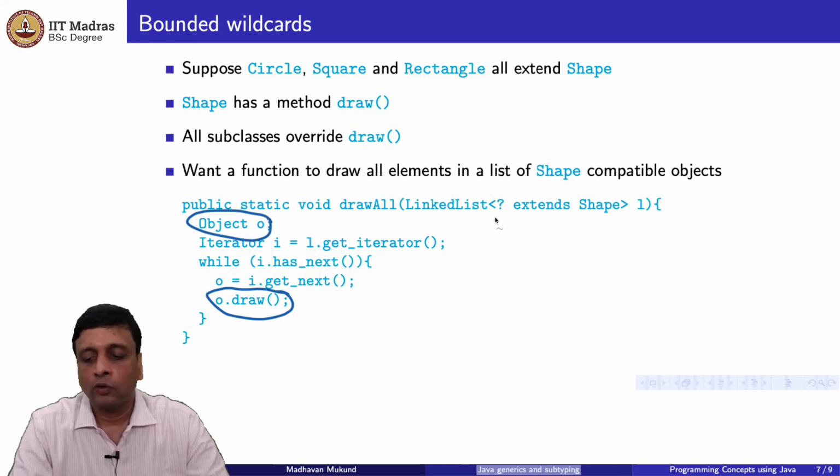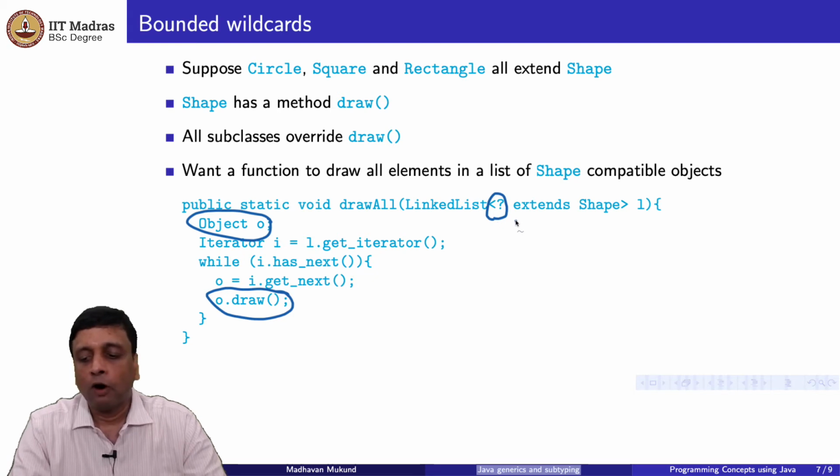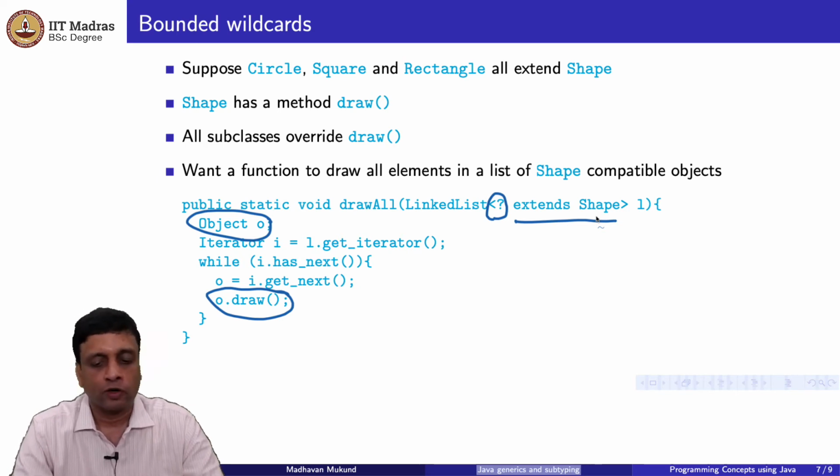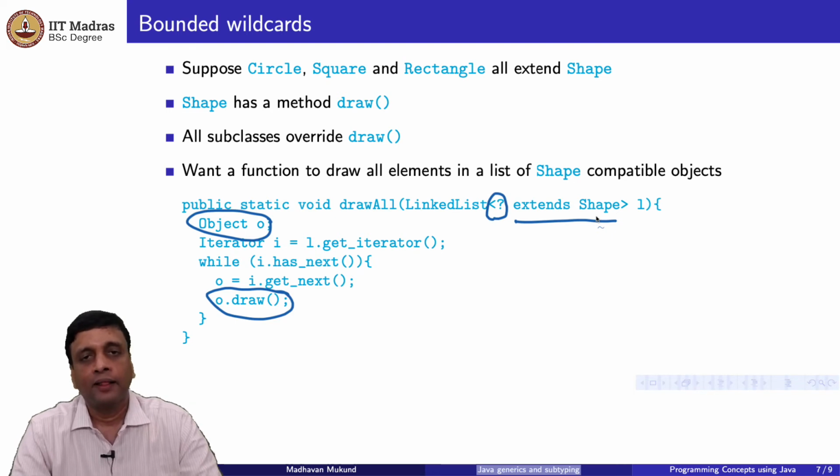This is where we can use the generic wildcard, but bound it by saying that it can't be any old type, it must be a type which extends Shape. We don't need to know its name because we are not going to use that type anywhere inside, but at the same time we have constrained it so that it extends Shape. It's the same way that we can take two concrete type variables and constrain one to be a subtype of another: we can take this wildcard and constrain it to be a subtype of some other type.